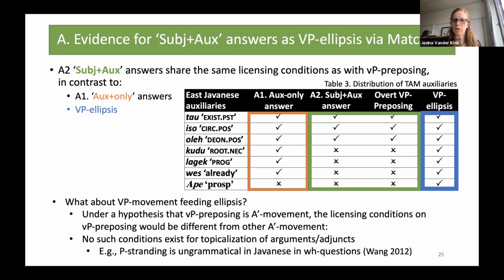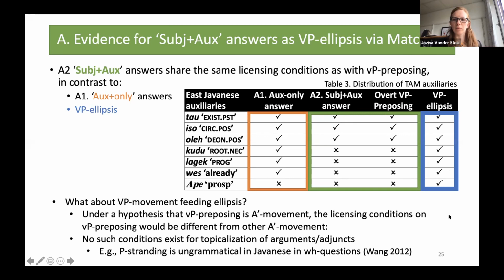So what if we could use this same idea in Javanese, where if we take VP preposing to be overt movement, that feeds into the ellipsis of subject auxiliary answers.